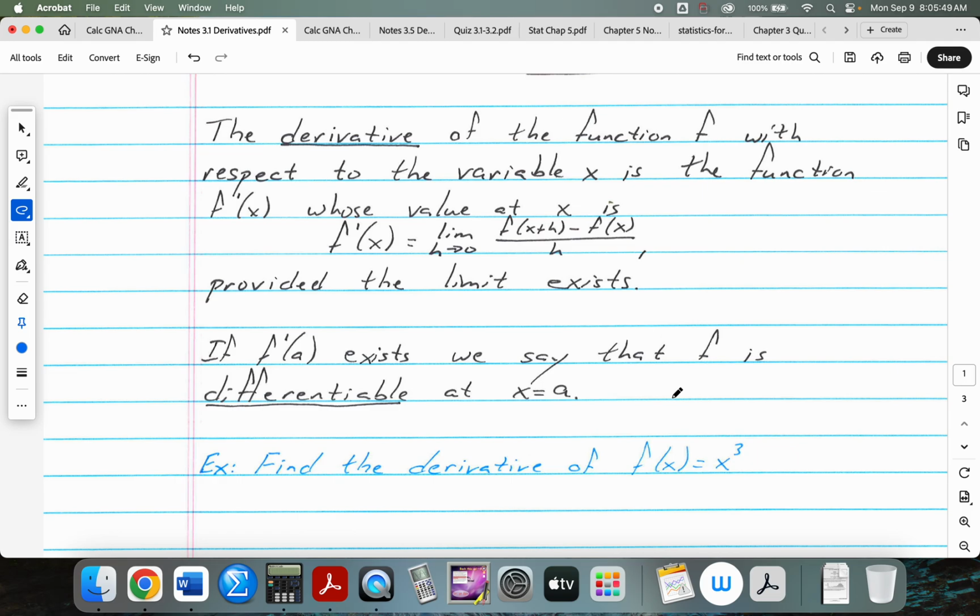So what we're doing there is we're finding, in general, what is the formula for the slope of any tangent line or the slope of the curve anywhere. Of course, provided this limit exists. We'll talk more about that when we get to the section on differentiability. If f prime of a exists, we say that f is differentiable at x equals a.